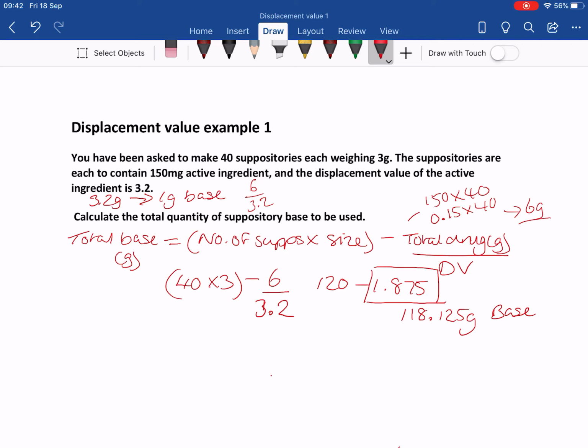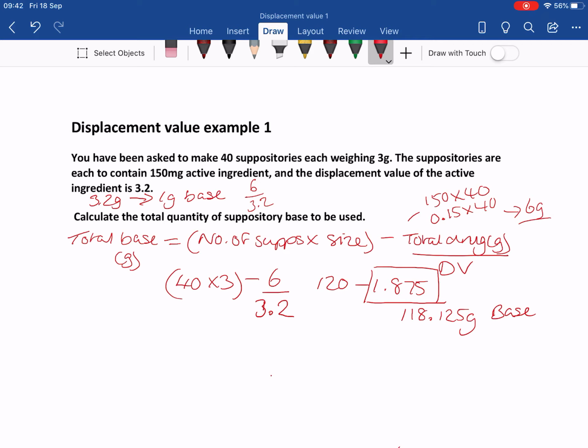The displacement value of 3.2 means 3.2 grams of active ingredient occupies the same amount of space, or displaces the space taken up, by 1 gram of base. Just keep reminding yourself that's what it means, and I hope eventually it will sink in. I think practice is really key to this sort of question.